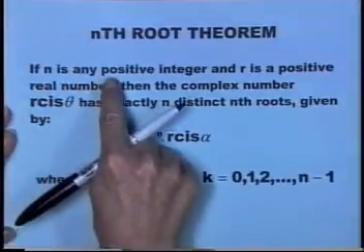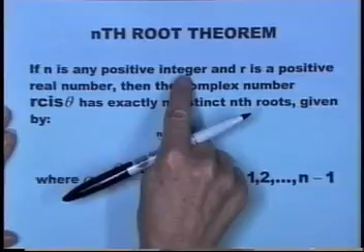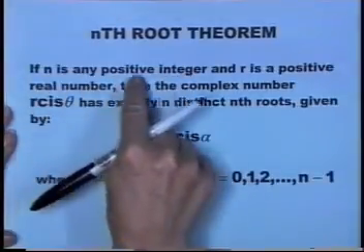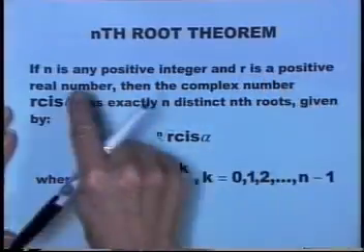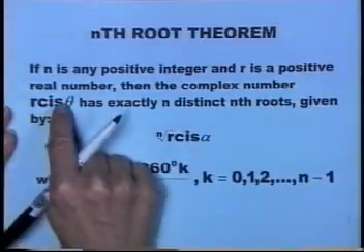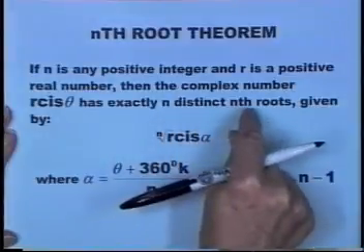If n is any positive integer, in other words, we're not going to find negative cube roots or something like that, it's got to be like cube roots, fifth roots, n is positive. R is a positive real number. Then the complex number r CIS theta has exactly n distinct nth roots.